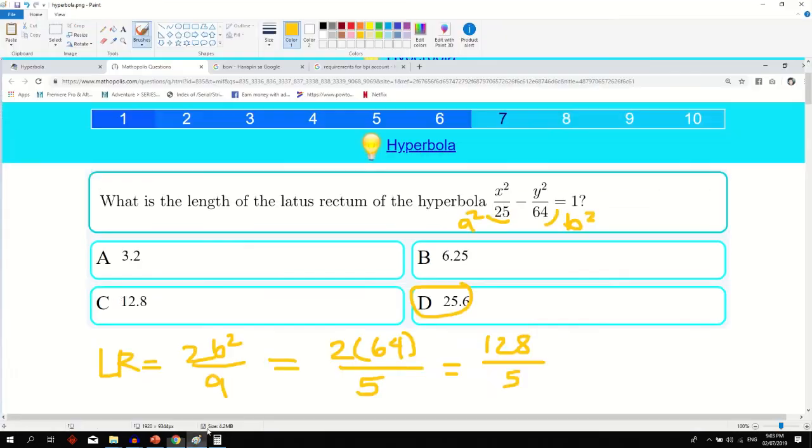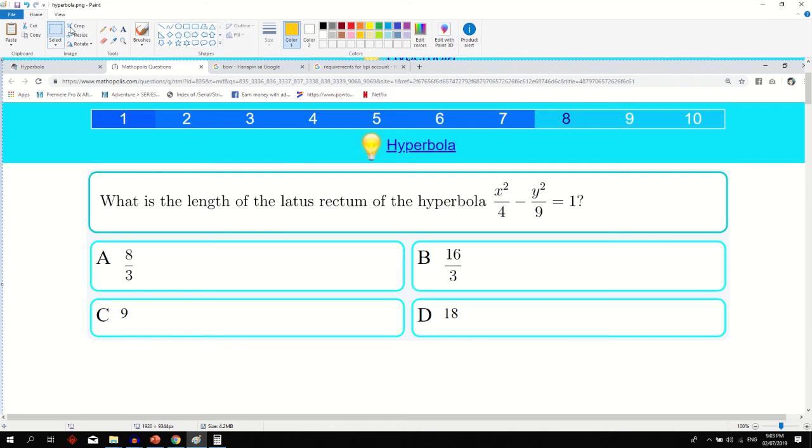Okay, so print screen. What is the length of the latus rectum of this? Okay, so the LR is equal to 2b squared over a. So this will be a, this will be b. So equals 2 times b square. What is the b square? 9.